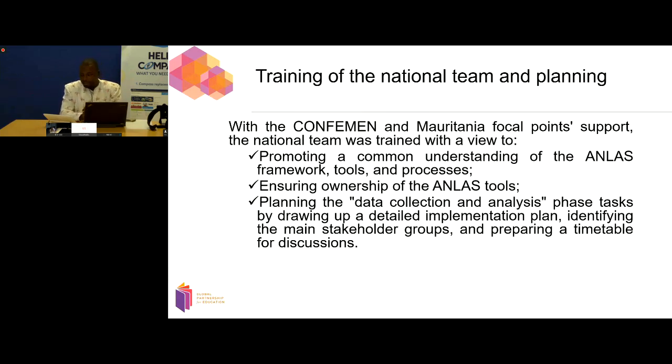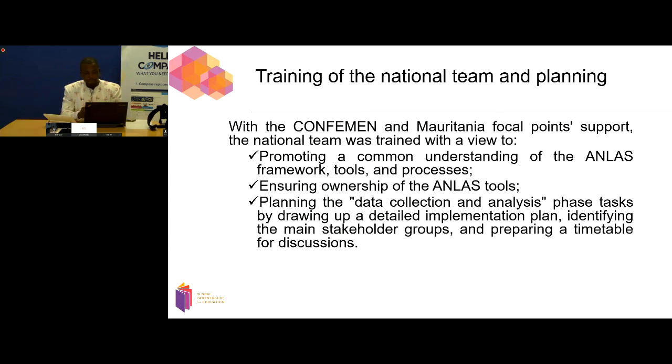So this training enabled us also to go to planning, that was listing all the stakeholders that would be pertinent, and to list all the documents that would be necessary and pertinent to be consulted in the framework of this project.